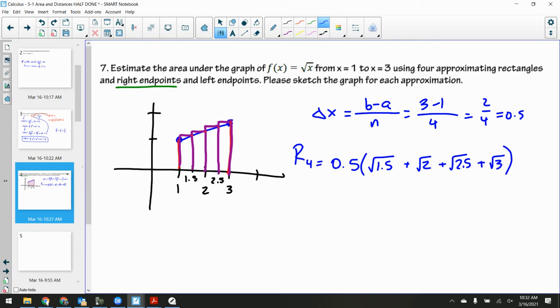Could I have distributed that 0.5? Of course. But I'd like us to try to start pulling out that delta x, because that's going to help us when we write our sums in the end when we start looking at integrals. All right, so now let's estimate it.